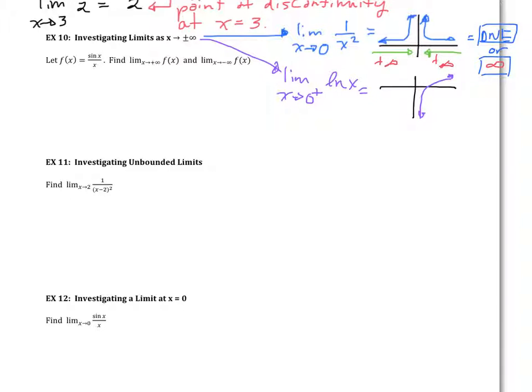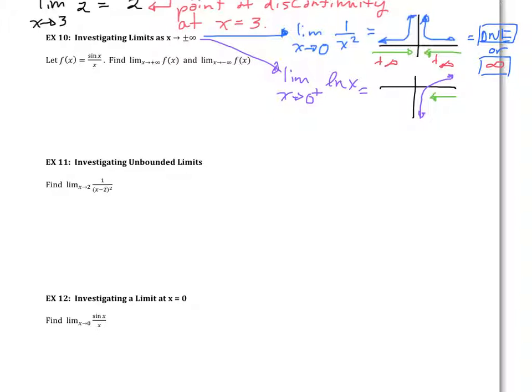You'll see that as we approach 0 from the right side, because we can't approach it from the left, the domain of x has to be greater than 0 for the natural log function. So we can't plug any of those numbers in.